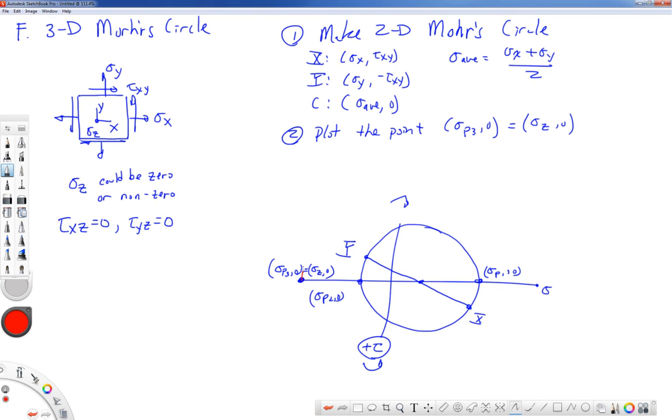So I have a circle that's a little bit smaller between the 3 and the 2 principal stress, and I have another circle that's a big one that goes between the 3 and the 1 principal stress. All right, so let's make that step.